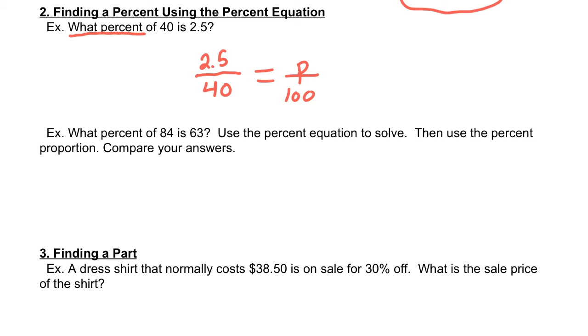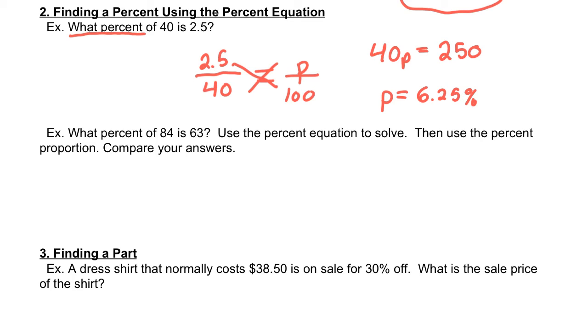You have to read these carefully to know what we're taking out of something. Okay? So I do 40 times p is 40p. 2.5 times 100 is 250. Then I'm going to divide both sides by 40. So 250 divided by 40 is 6.25. So P is 6.25%.